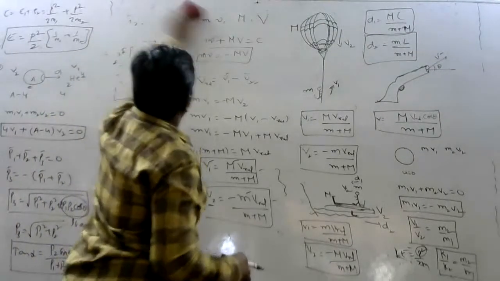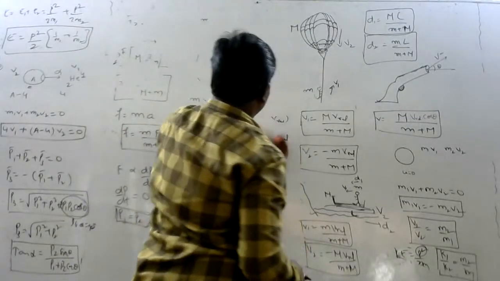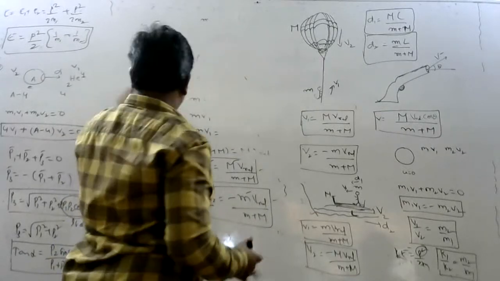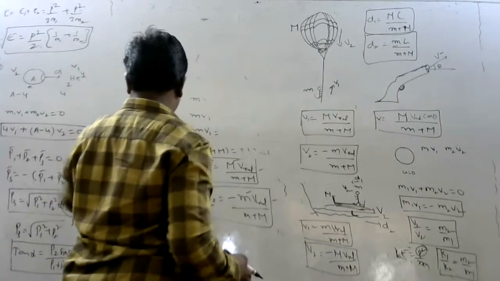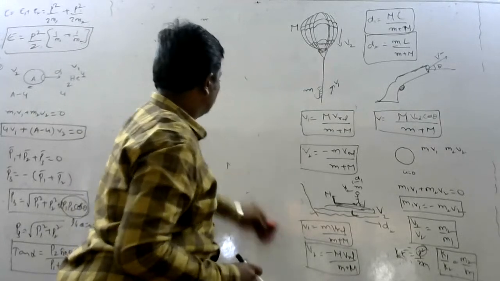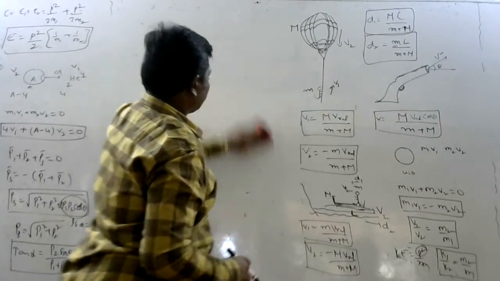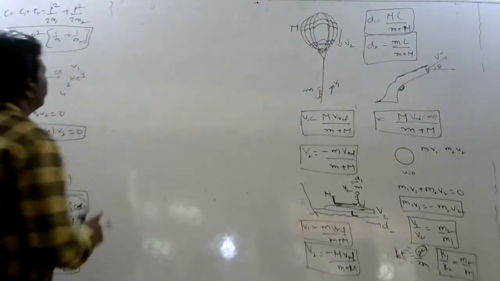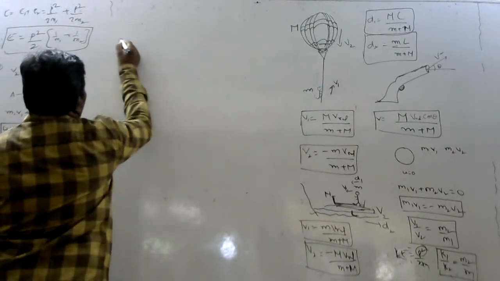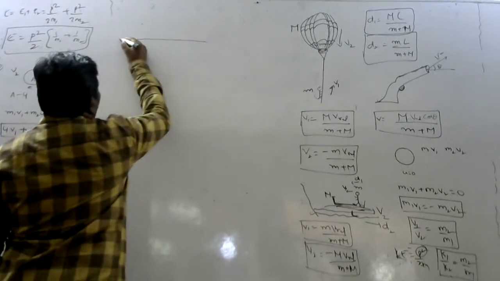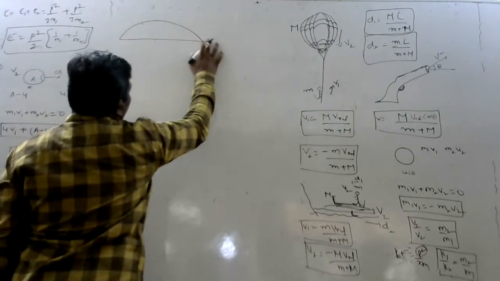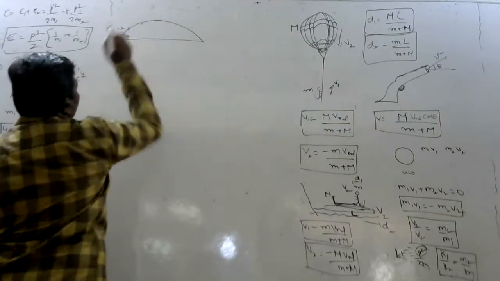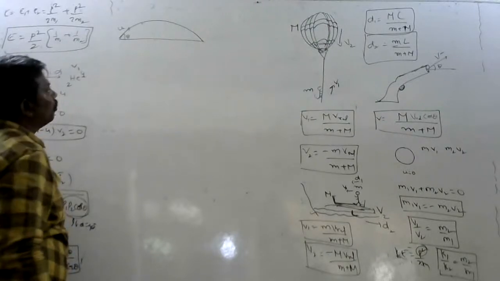And the last application. Suppose a bomb is projected at an angle theta to the horizontal with initial velocity u.